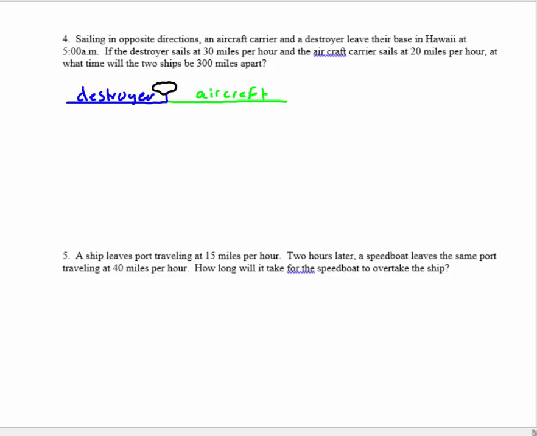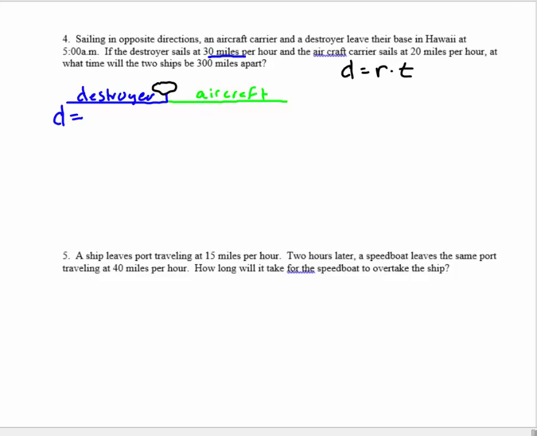So now we have to know how are distance, rate, and time all related. Well, distance is going to equal rate times time. So let's go ahead and write the distance for the destroyer and the distance for the aircraft carrier. So the distance for the destroyer, d, is going to equal its rate times its time.